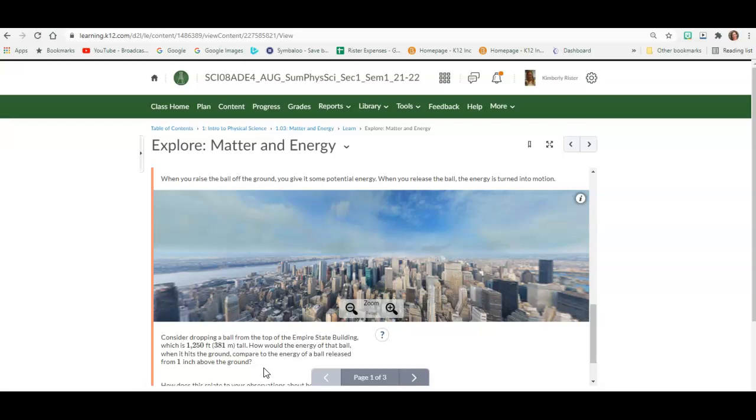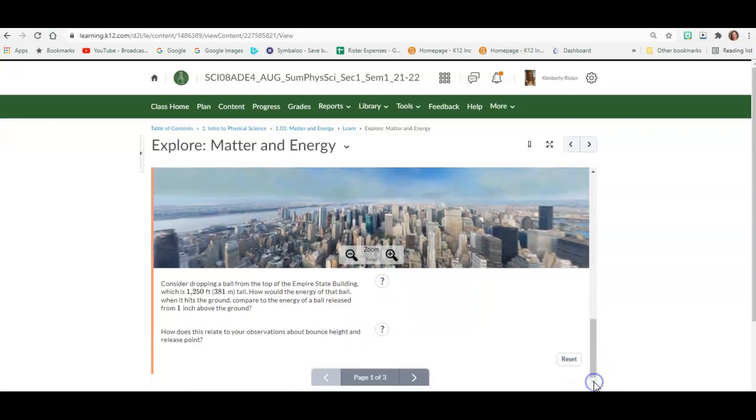So we know that the higher we raise that ball up, the more bounce it's going to have, which means it has more energy than if it's dropped at a lower height. And so how does this relate to our observations about bounce height and release point? So we know that objects dropped from greater heights can bounce higher because they start with more energy.